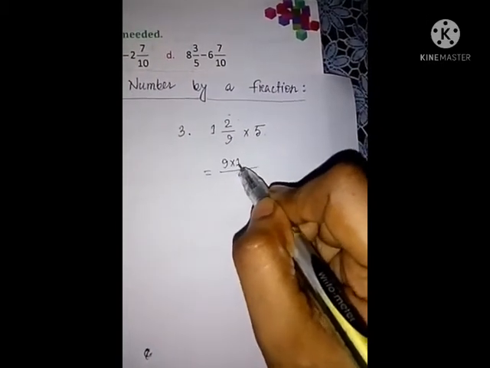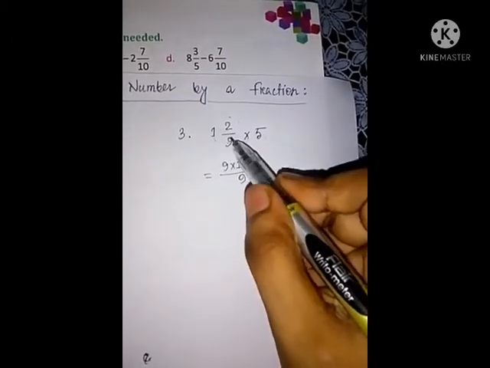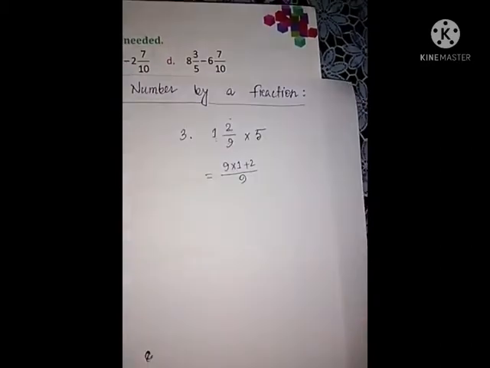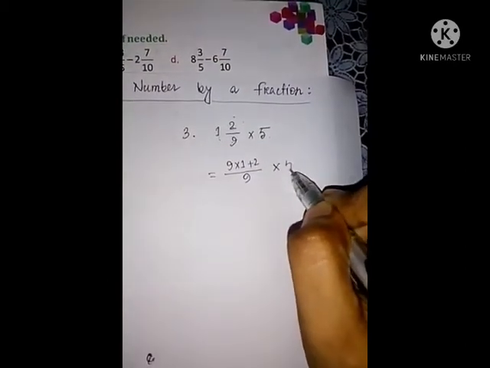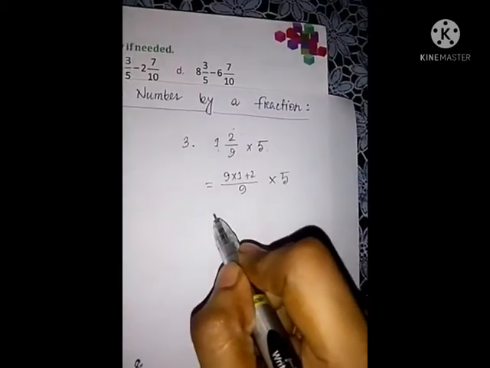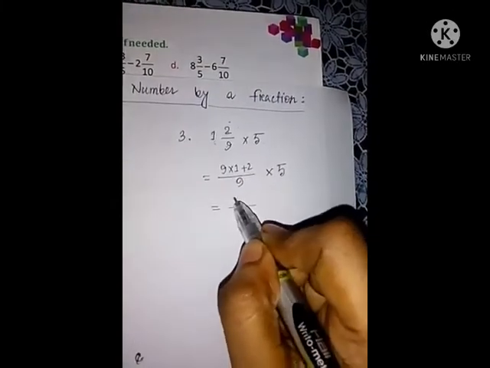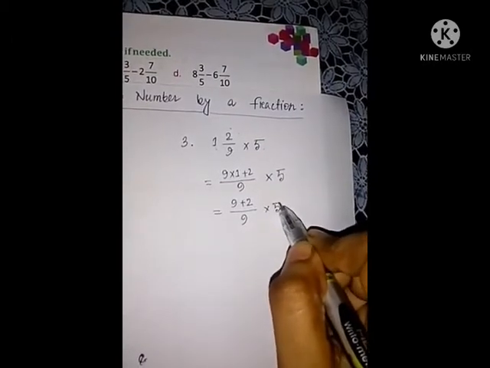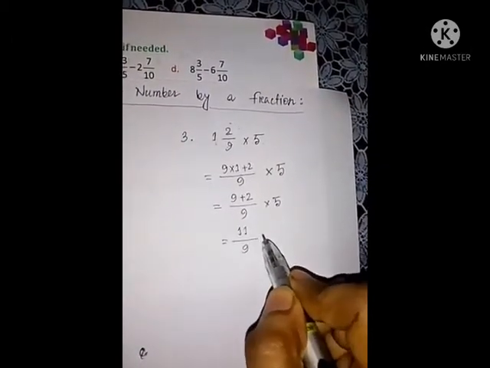So 9 into 1 plus 2. First multiply these two and with that product add the numerator. Now this whole number will remain the same, no change. 9 1s are 9 plus 2 is 11, into 5.